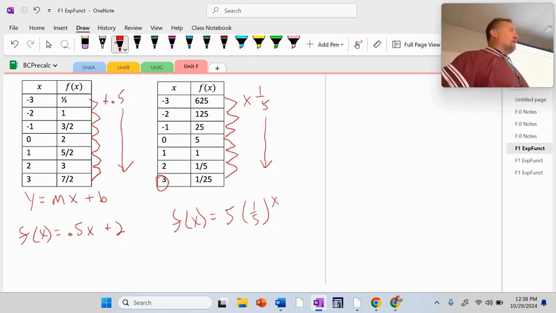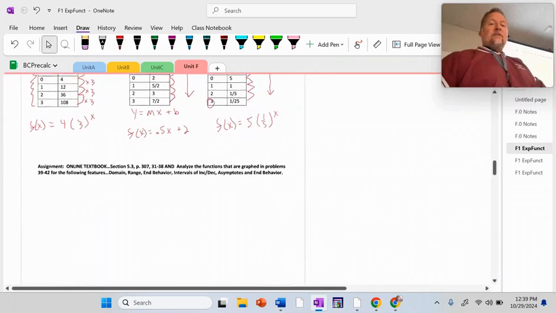Then times 5 just divides 5 into 125, which is 1 over 25. Maybe an easier one would have been -3. Maybe not. -3: 1/5 to the negative third is 5 to the third, which is 125, times 5, which is 625. I always check a couple of input-outputs because it's supposed to create those numbers. As long as it does create a couple of them, you feel pretty good that that's the right answer.